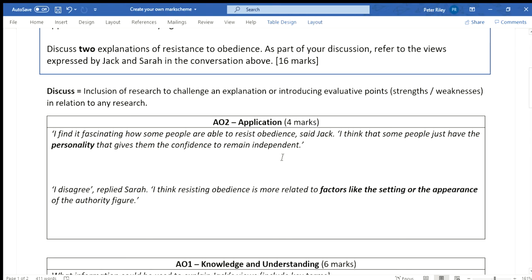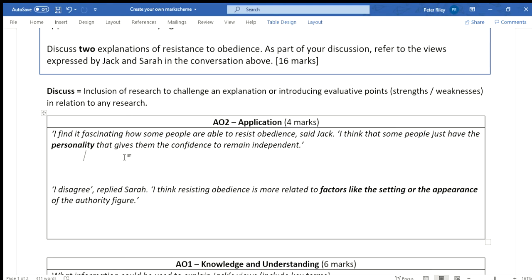So I've here literally just copied and pasted the comments. So here we've got Jack. I've highlighted there the fact that Jack is talking about personality. So to score application marks on this essay, we would be expecting a student to either talk about locus of control or authoritarian personality.